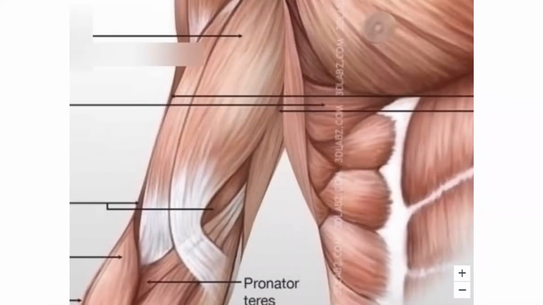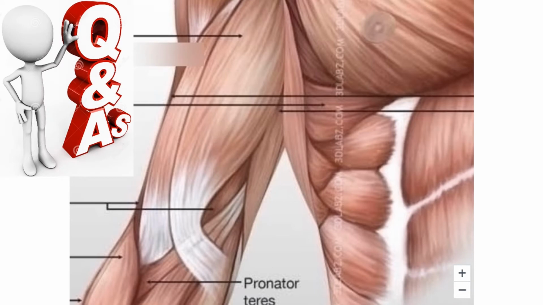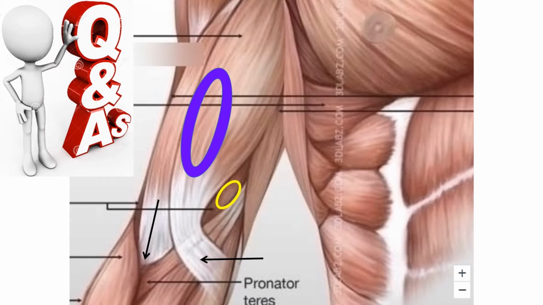A closer look at the anterior compartment of the arm, and let's ask a few questions. What is this muscle? It is the most anterior muscle in the arm, the biceps brachii. Lower down it has a biceps tendon, and medially it has a biceps aponeurosis.